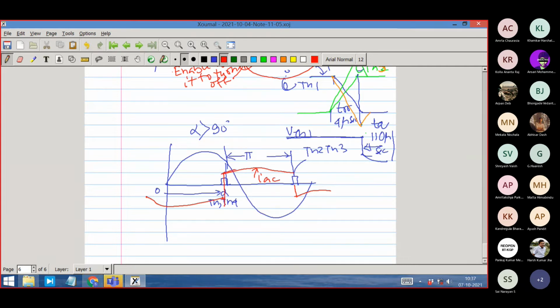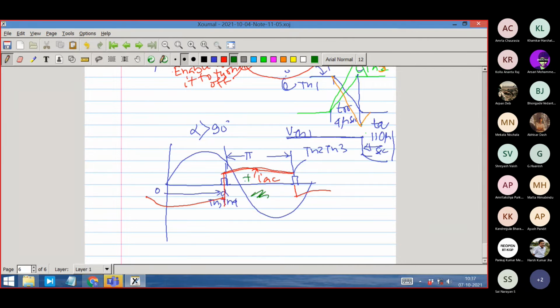So positive has come. Since you have fired alpha, you have chosen an alpha which is greater than 90 degrees. Look at it first. What it means. It means that most of the time the voltage is negative, but current is positive. I am not saying all the time.